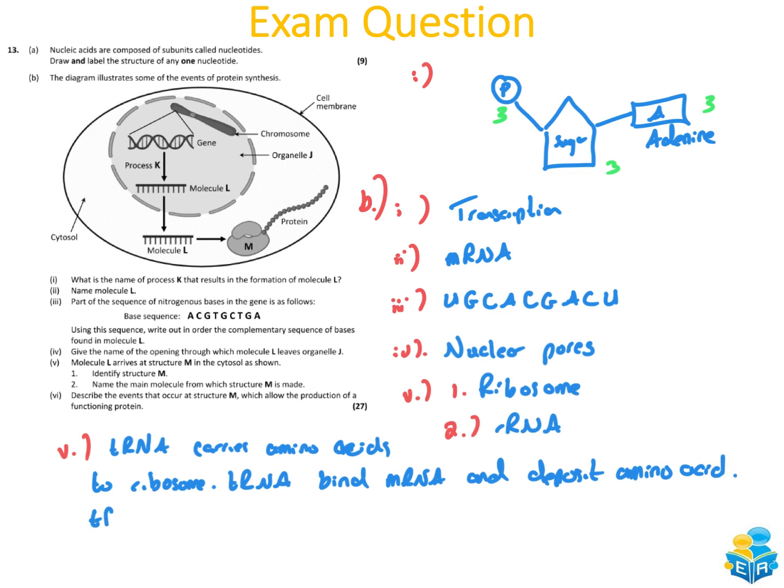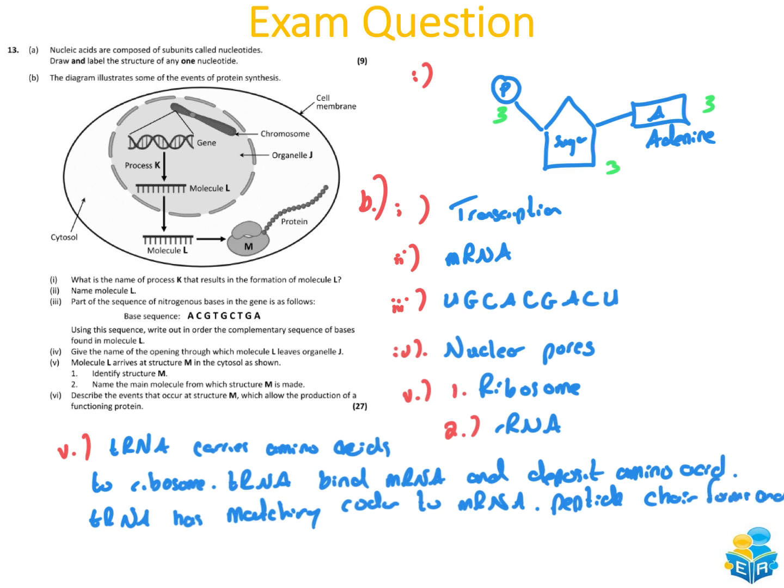You can say there that tRNA has matching codon to mRNA. You can say that a peptide chain will form. And you can say there that the tRNA pulls the mRNA.